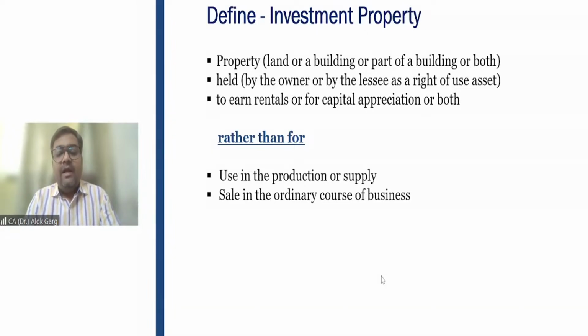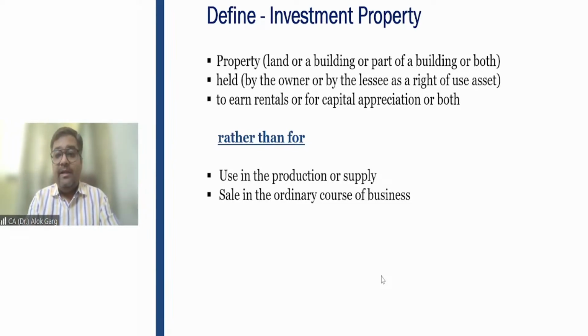For example, if the company has purchased a building and installed a factory, or purchased a land and installed a factory or a plant on that land, the intent of the company is not to have capital appreciation from that land. The intent is to grow the business, right? Big companies like Tata Steel, Tata Motors, Jindal Steel and Power, Reliance Industries have big acres of land on which the plant is there.